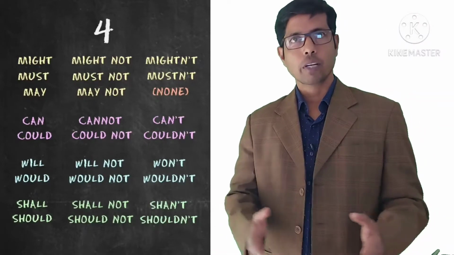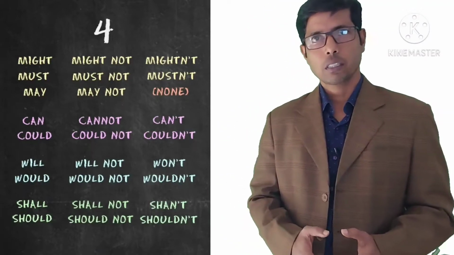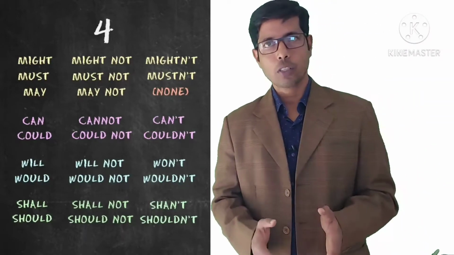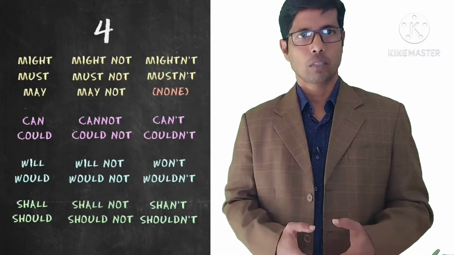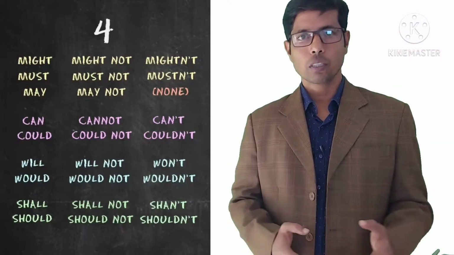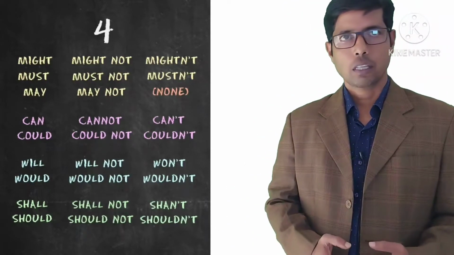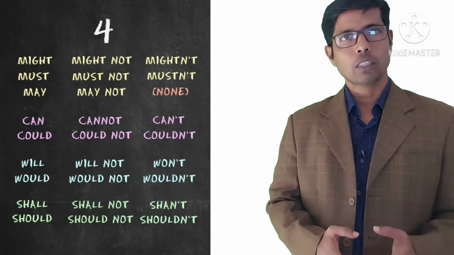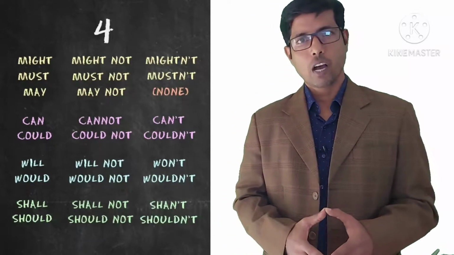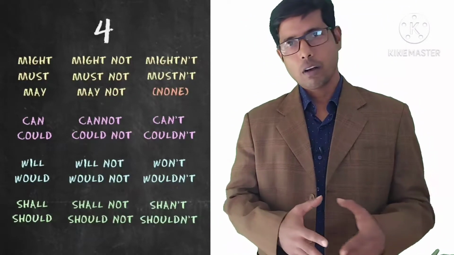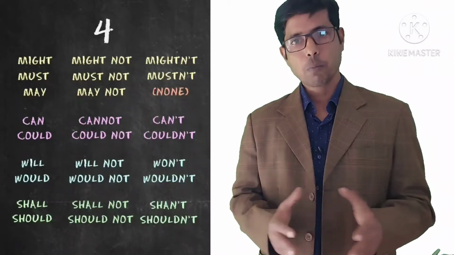May usually doesn't have a contracted form. Can, cannot, can't. Could, could not, couldn't. Will, will not, won't. Would, would not, wouldn't. Shall, shall not, shan't. Should, should not, shouldn't. These contractions are usually used in informal and spoken English.